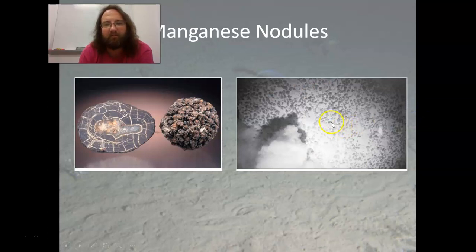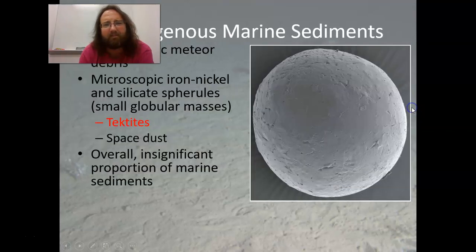Here's kind of what they look like if you're in a submarine. Here's more of what they look like. These are absolutely beautiful things. So finally, it seems kind of rare, but because the seafloor is a fairly calm place most of the time, anything that falls there that doesn't dissolve along the way gets preserved. And so we see things like space dust and tektites.